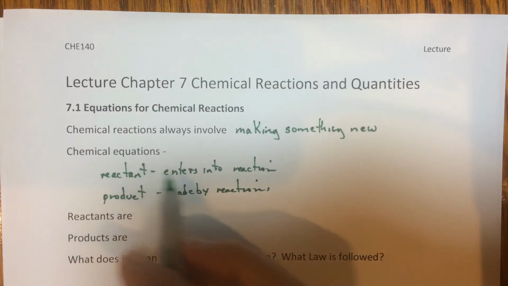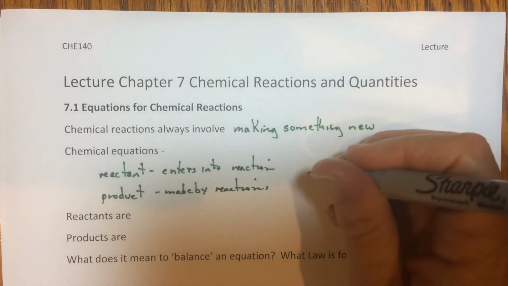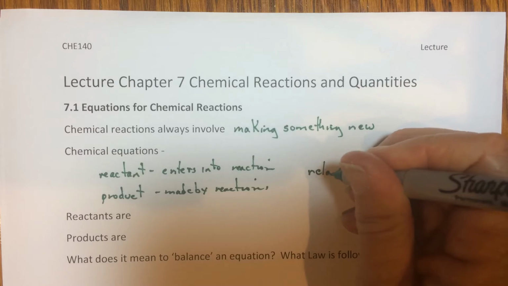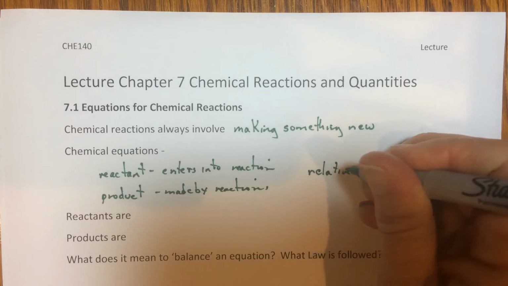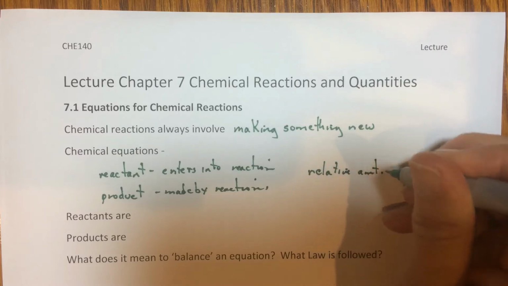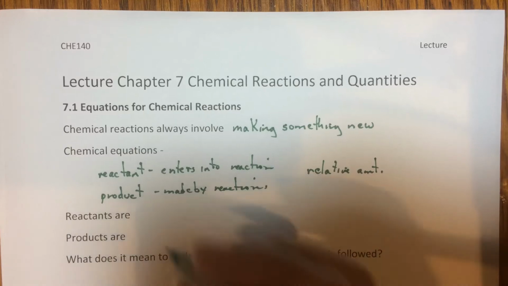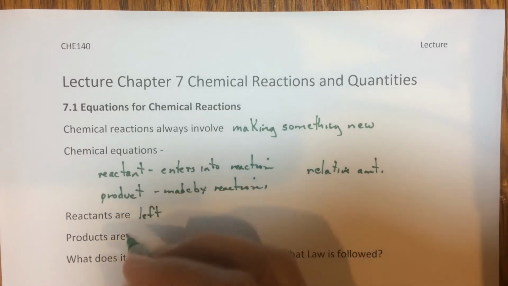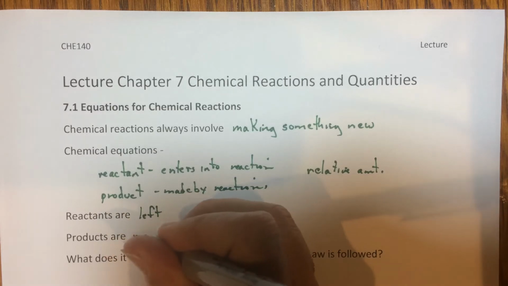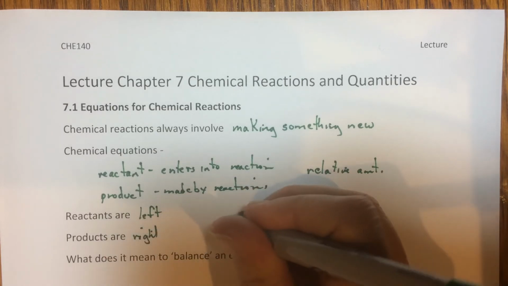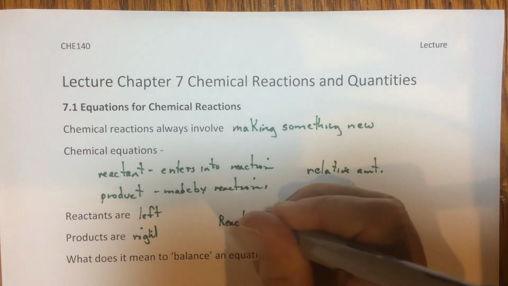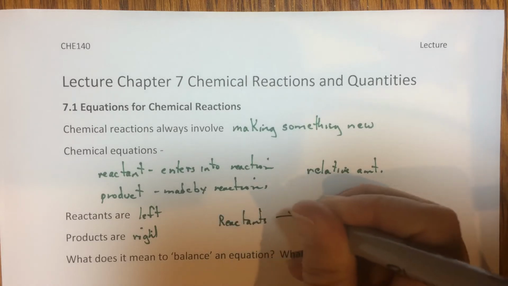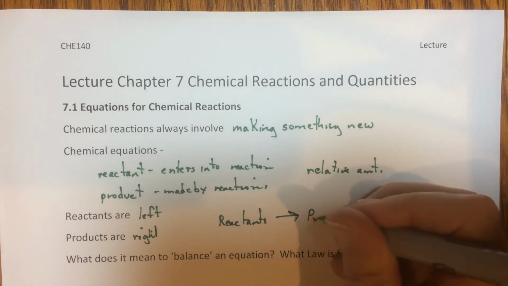Our chemical equation is also going to show us the relative amounts of these things. The reactants are shown on the left side and the products are on the right. So we'll have reactants, an arrow, and then the products.